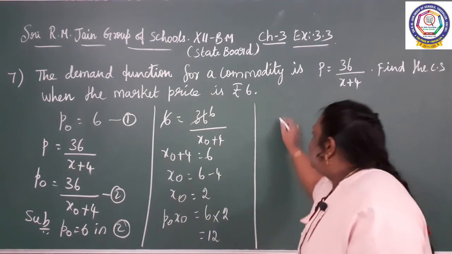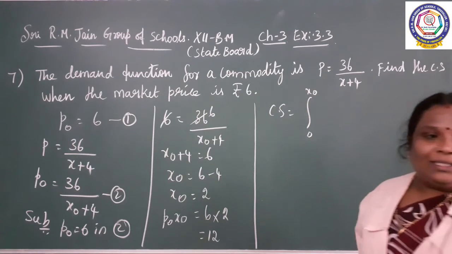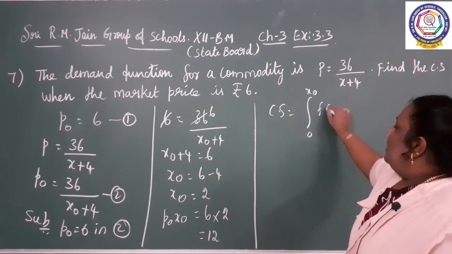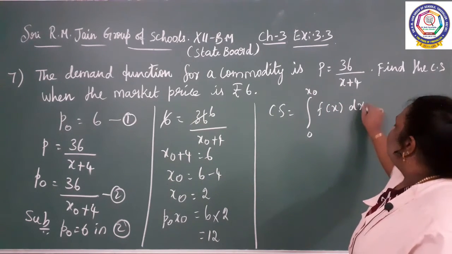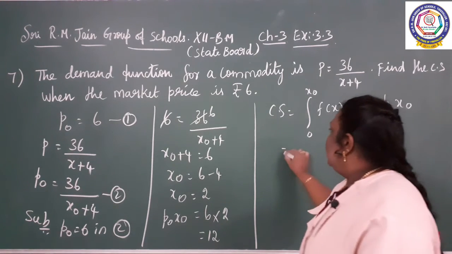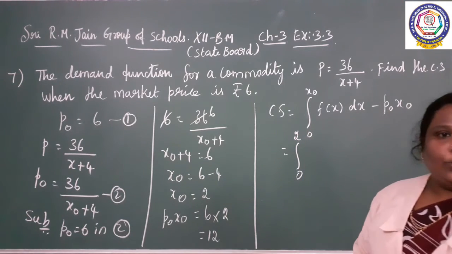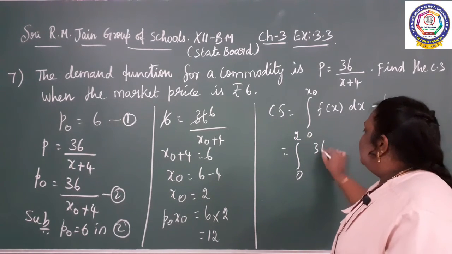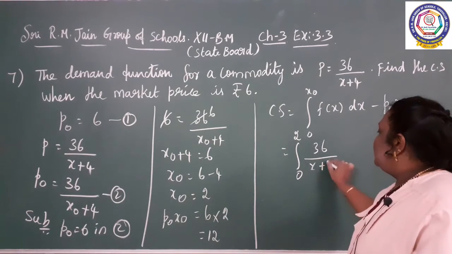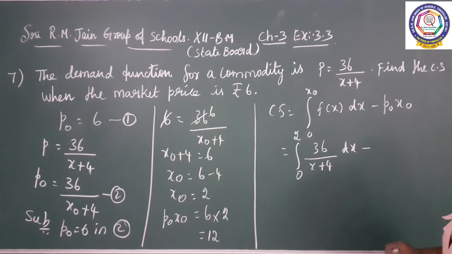Consumer surplus formula is the integral from 0 to x naught of f of x dx minus P naught x naught. It gives the integral from 0 to 2, f of x is 36 by x plus 4, into dx, minus P naught x naught, whose value is 12.